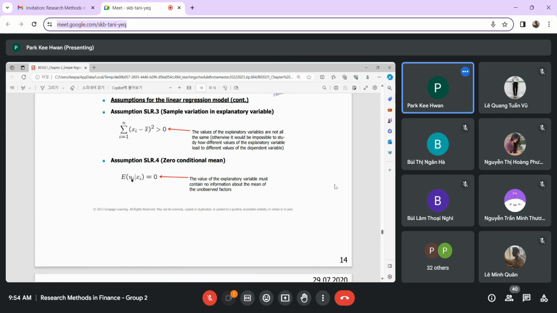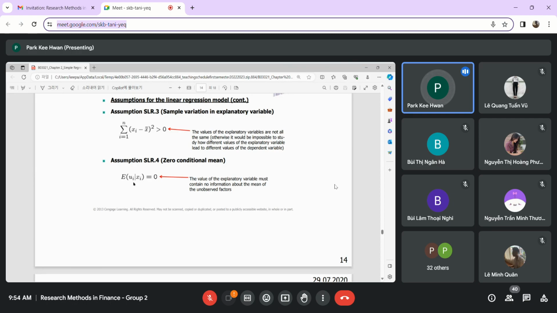And what this assumption says is that this unobservable factor, the error term, and the explanatory variable, for example, years of education, are independent of one another. In other words, xi, for example, years of education, has nothing to do with the unobservable factor. That's what this assumption of zero conditional mean says.